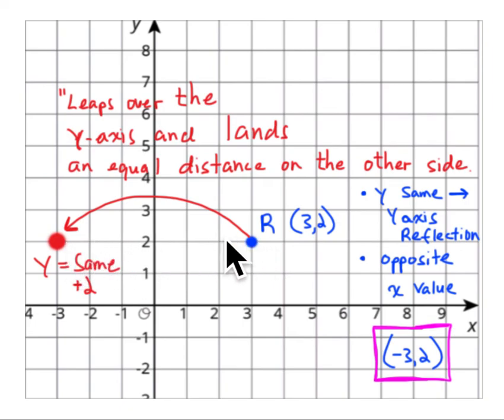And this becomes useful in some later activities to think about what happens when points are reflected. So you end up an equal distance on the other side. The y value is positive 2, the x value is negative 3. So these are reflections in a coordinate plane.